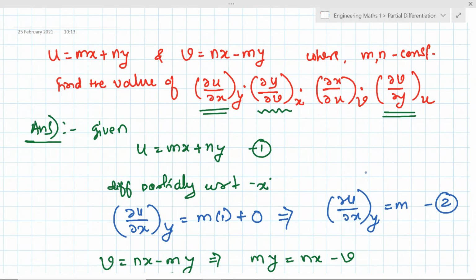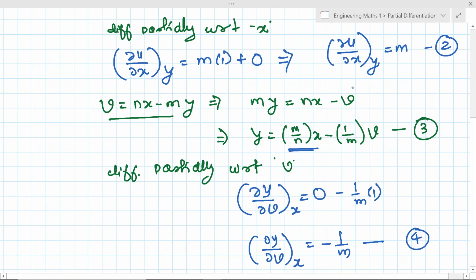Now we need ∂x/∂u. To find this term we need x, u and v. So we have to remove y from both the equations. And how can we remove that y from both the equations? What is the procedure?